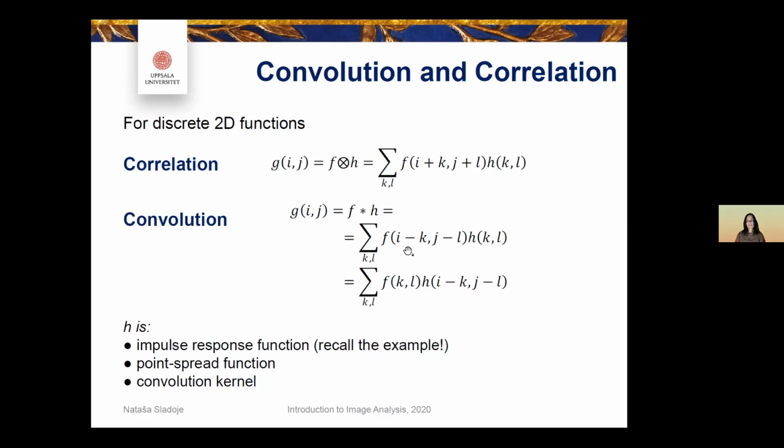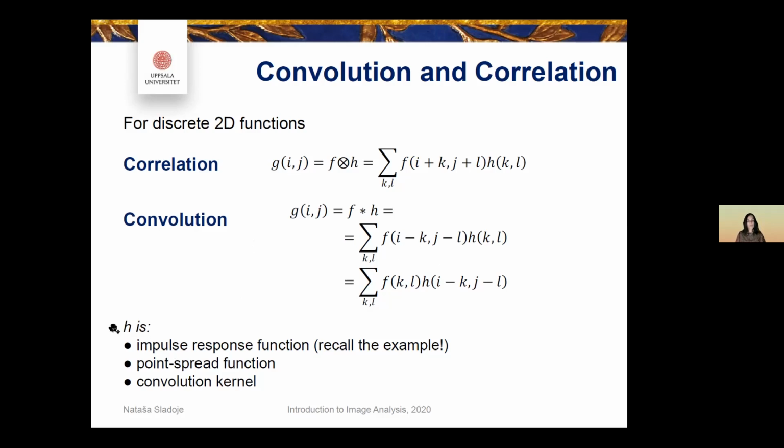Mirroring of the filter or mirroring of the function actually have no difference, so both of these definitions hold, and this minus here or here, as opposed to this plus here, actually reflects this operation of mirroring, of rotating the filter by 180 degrees before its application. Otherwise, both of these definitions are very similar. We will stay now a bit more on convolution.